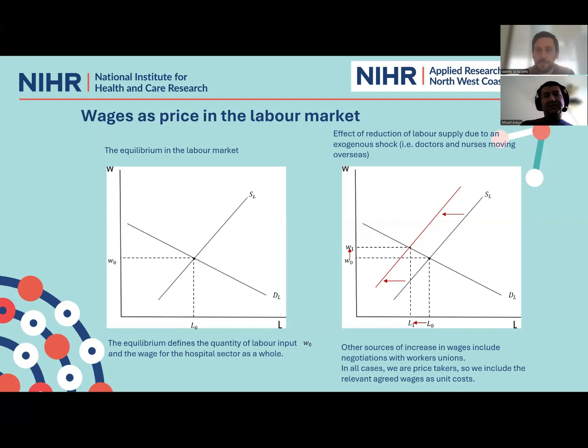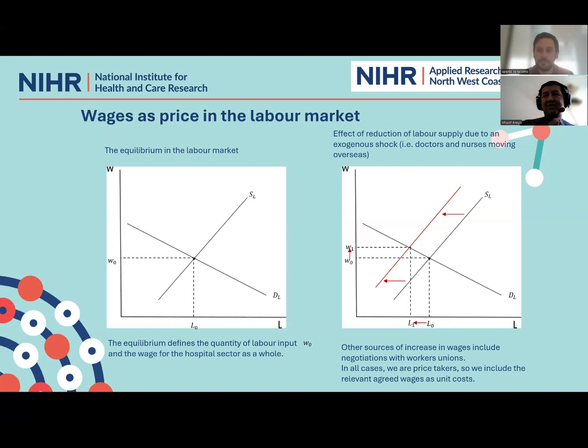That was your question. So one example is that the supply side can be reduced because people are retiring, or people are going abroad to work because their skills are in demand in overseas territories, and then the supply is reduced. If this happens, then the new equilibrium will be a higher salary.